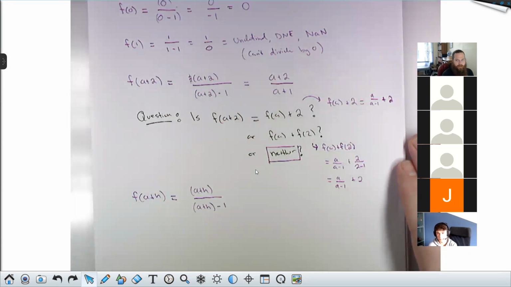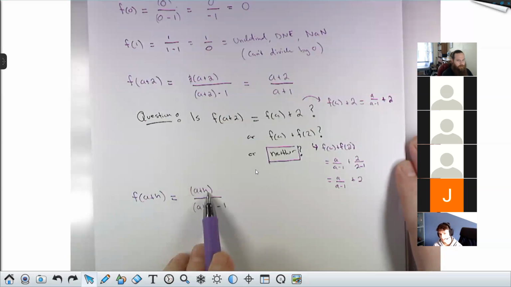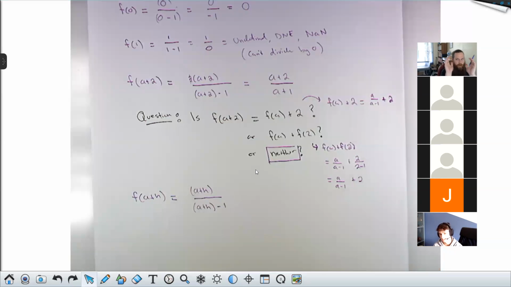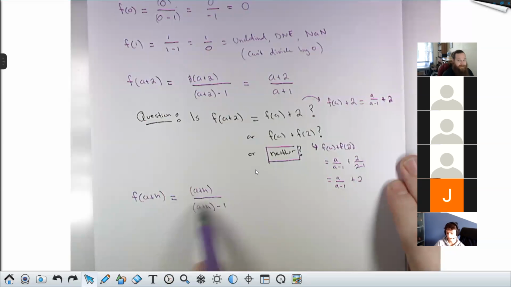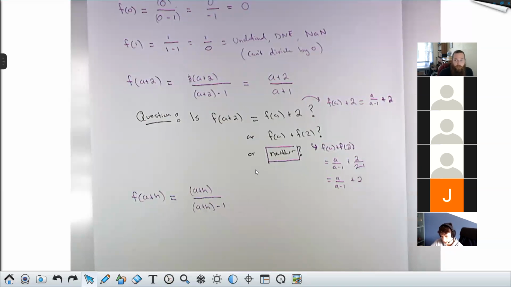The reason is you can only cancel in a fraction common factors between the top and the bottom. A plus h is a factor of the top. The top is a plus h times 1. But a plus h is not a factor of the bottom. So here's the rule I would beg you to consider. Whenever you're trying to cancel things in a fraction, factor first.